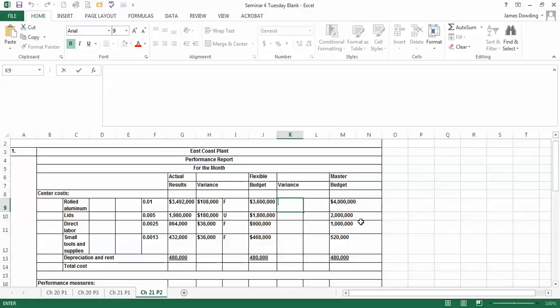So again, we take the master budget minus the flexible budget. In this case we had anticipated costs of 4 million, we only had costs of 3.6, so again that's going to be favorable.